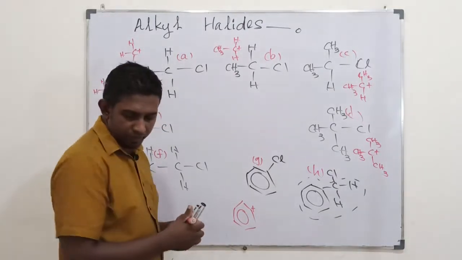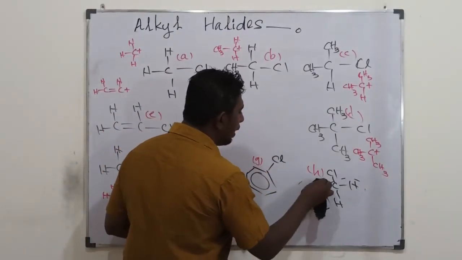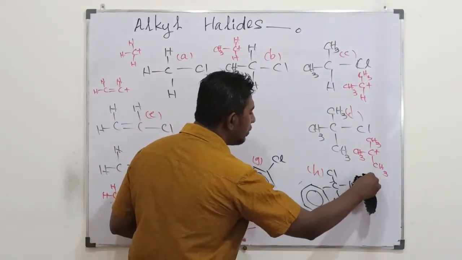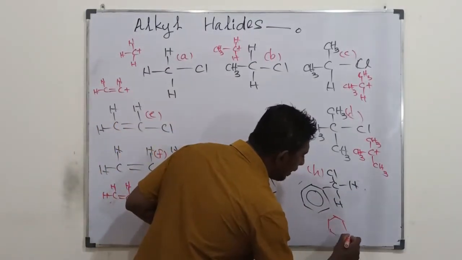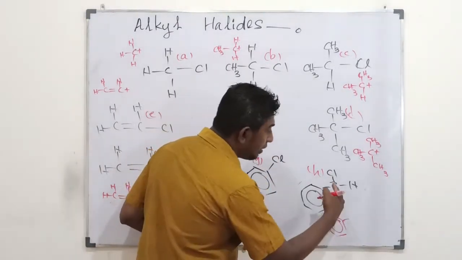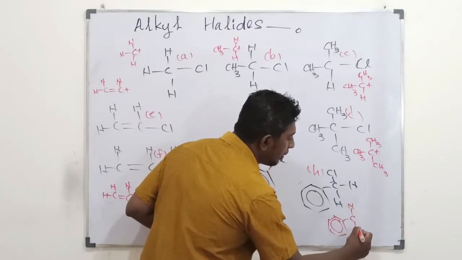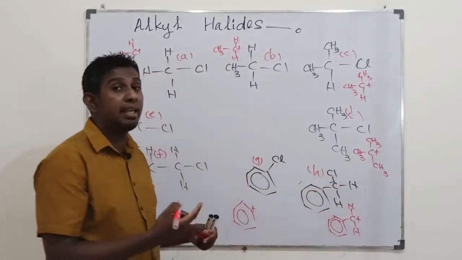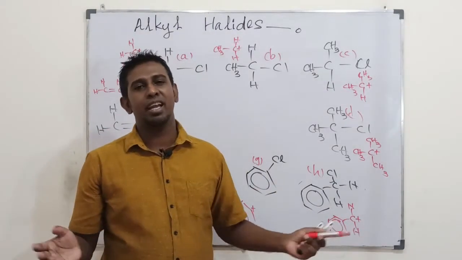Okay, let me erase these dot lines. If you let this chlorine leave, then what you get is a benzene ring, then CH2, and after leaving of this Cl as Cl minus, what you get is the benzyl carbocation.